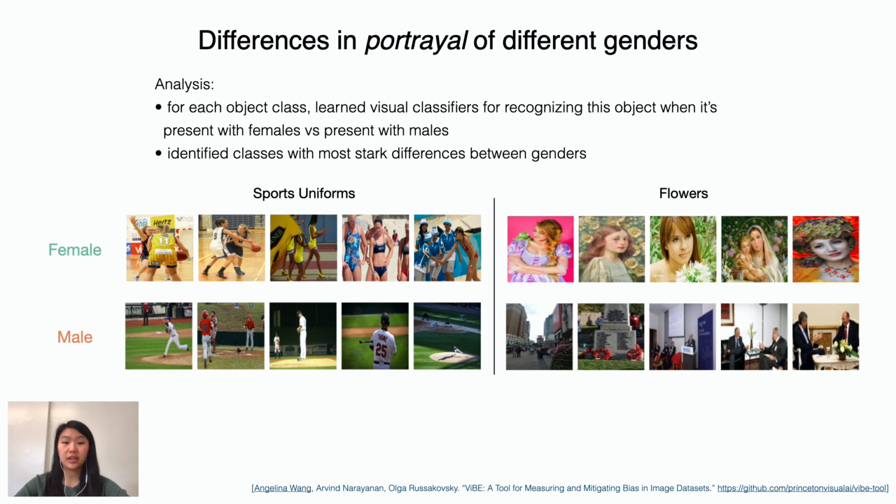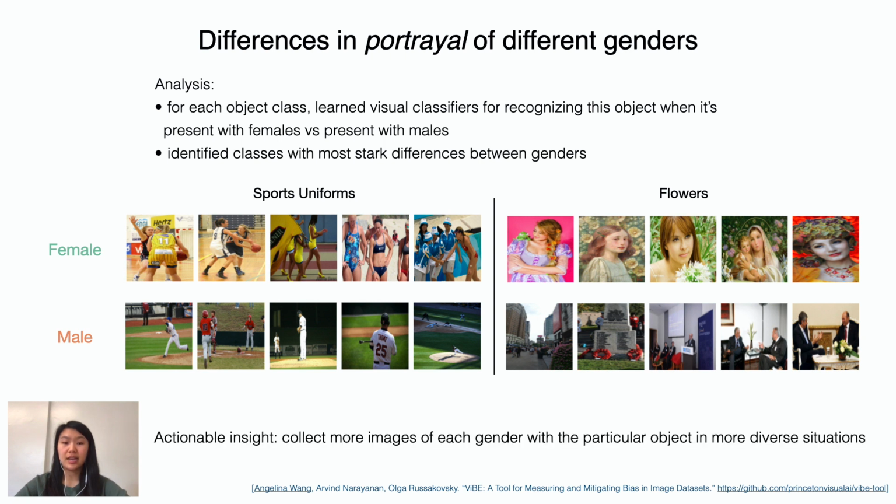For flower, we can again see that females and males are represented very differently with these objects, whereas we would hope that every object was represented similarly between the genders so as not to continue to perpetuate any societal biases. An action that could be taken to alleviate such disparities would be to collect more images of each gender with a particular object in more diverse situations.